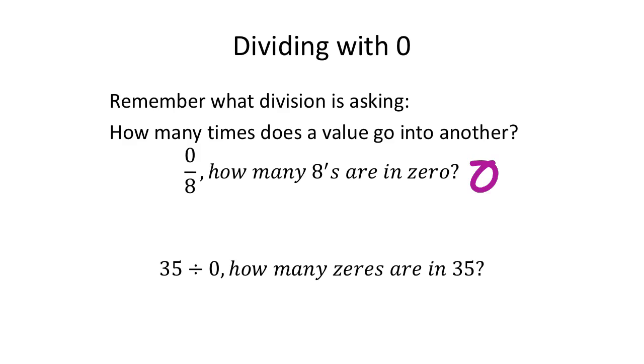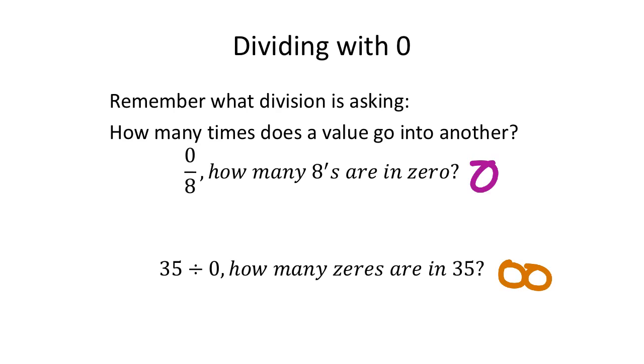Now the second part, 35 divided by 0. So how many zeros are in 35? Or if you split 35 into 0 equal groups, how much would each group get? Well, the truth is, since you're not splitting it up at all, they get as much as they want, which means that it goes up to infinity.